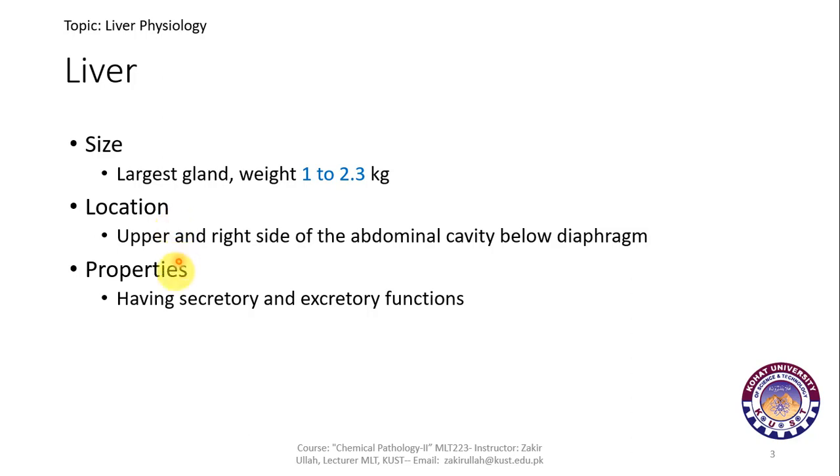The liver has many properties, but combinedly we can say the liver has both secretory function as well as excretory function, because it secretes different types of proteins and different types of chemical substances which help in the functioning of the other organs and other systems, and it also excretes the biochemical products, the waste products which are produced in the bile and during the processing of various substances within the liver.